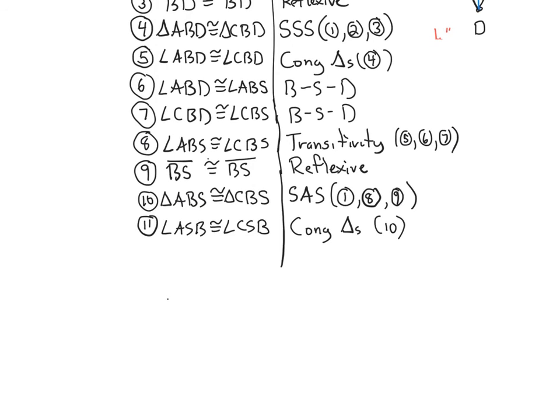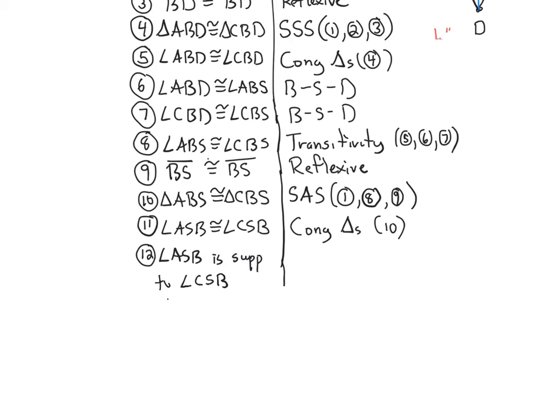All right. So the last few things we need to say are just indicating that these guys are indeed supplementary. So angle ASB is supplementary to angle CSB. And how do we know that?